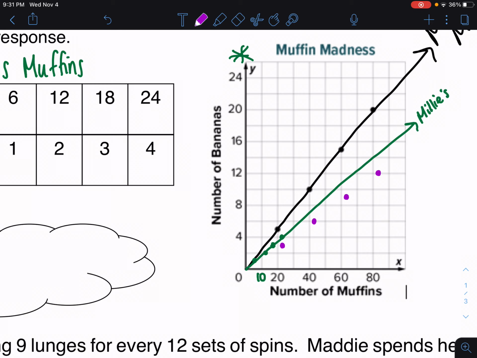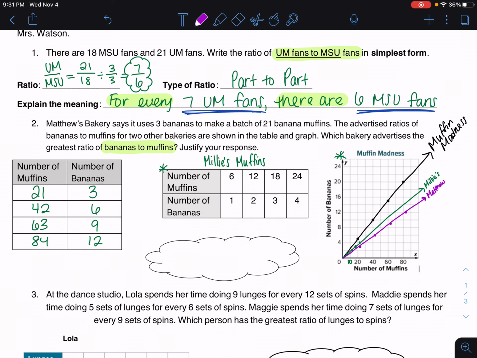So this is Matthew's Bakery up here. Let's shrink this down back again. With these 3 lines on the graph, I can see that Muffin Madness is the top line, then Millie's, then Matthew's. I'm looking for the greatest ratio of bananas to muffins. That's going to be the line that's the steepest, so Muffin Madness.